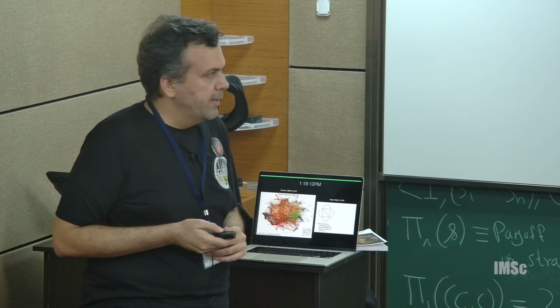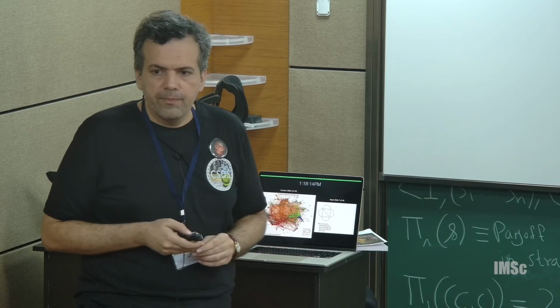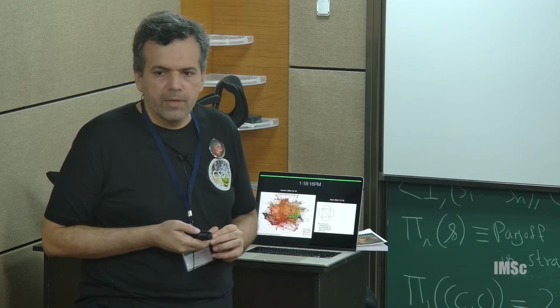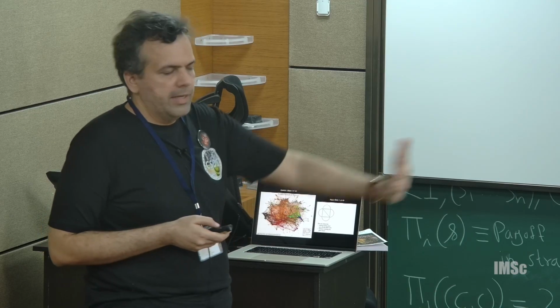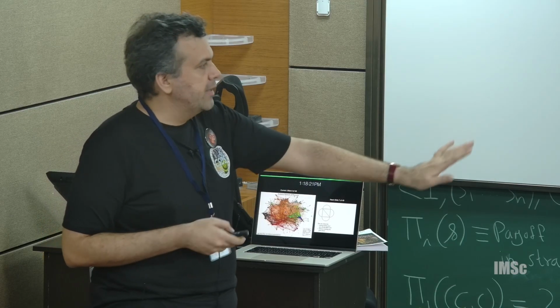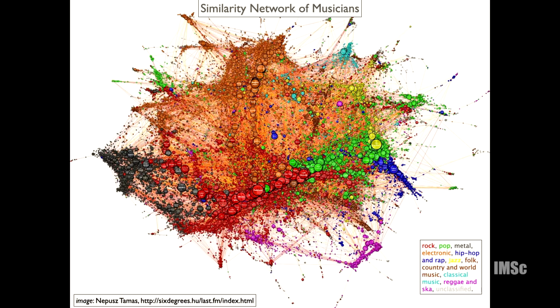So the locations of nodes don't depend on anything in the actual data. On this website, this person has just taken the data and used some sort of layout algorithm to organize the sites.